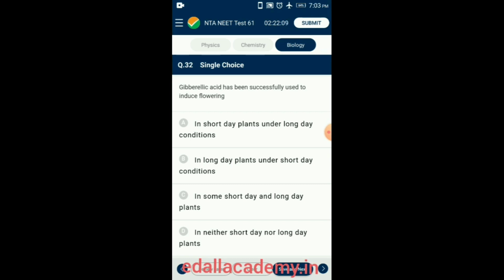They also delay senescence. Thus, the fruit can be left on the tree longer so as to extend the market period. Gibberellins also replace the long day requirement of flowering. So the answer for this question is option B, in long day plants under short day conditions.